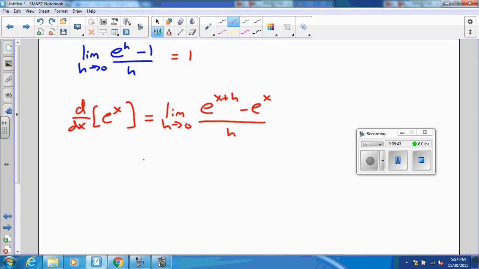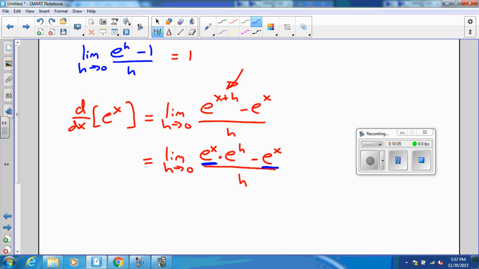So, now where can I go from here? Well, looking at the expression on the top, I observe that I do have an exponential rule that will cover this case. I can rewrite e to the x plus h as e to the x times e to the h.